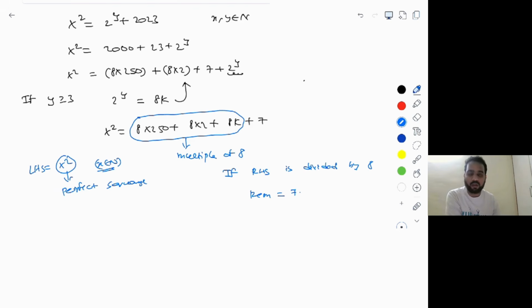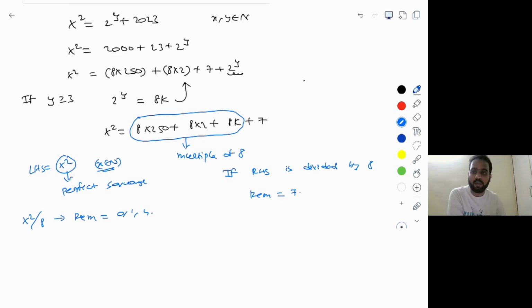The main advantage with perfect squares is that whenever we divide perfect squares of natural numbers by 8, the only possible remainders are 0, 1, 4. You can take any example and verify it.